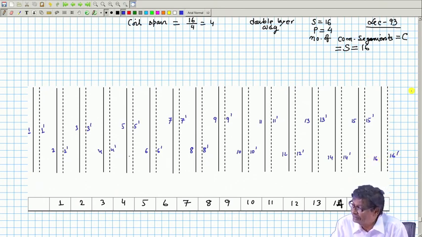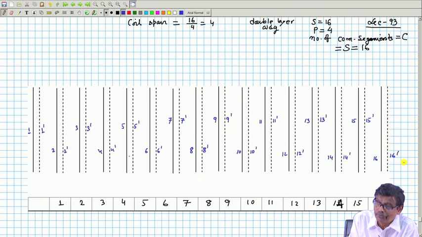After that these slots will once again be 1, 1 dashed, like that.